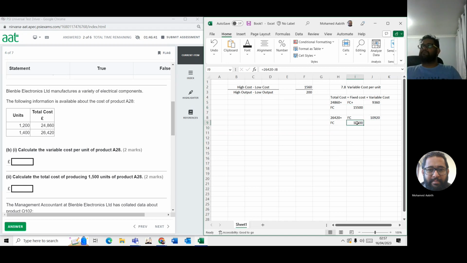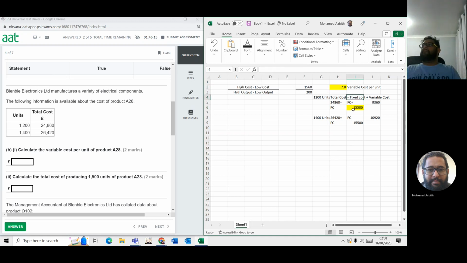See, at two levels of production, which is at 1,200 units and 1,400 units, both levels, my fixed cost has remained the same. Makes sense, isn't it? So this is one of my key factors. So I'm going to just put yellow till here. This is one of those numbers, and this is the next number.